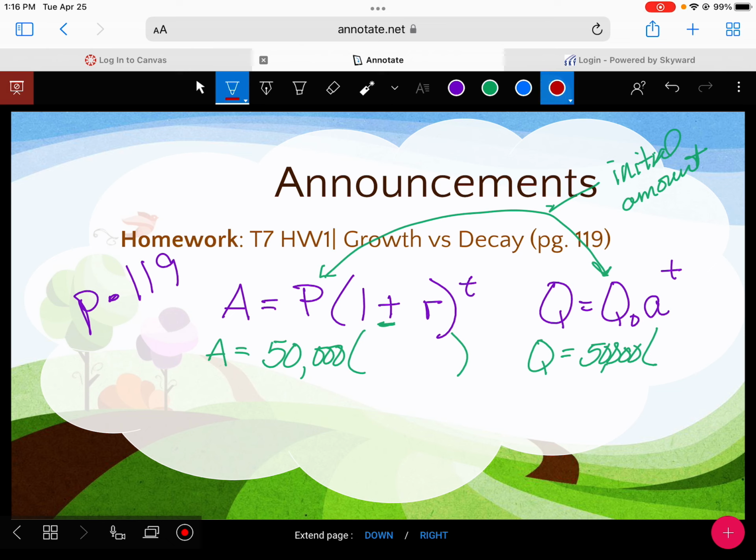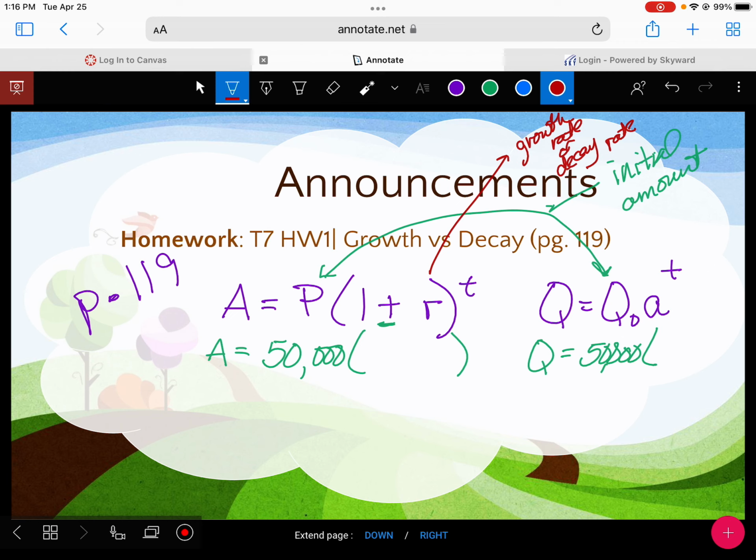This R is called a growth rate. Or it could be a decay rate. Growth means it is going up and increasing. Decay rate means it is going down. Initial amount.